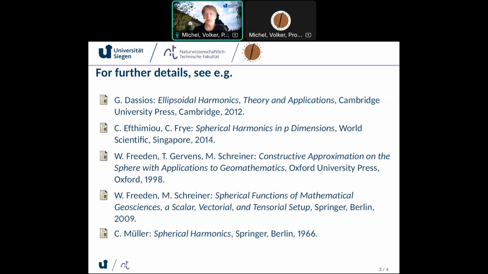And last but not least, the sphere is only a particular case of an ellipsoid. There is also a general theory of ellipsoidal harmonics, sometimes called Lamé functions. And there's a nice book by George Dassios, which gives you the state of the art on ellipsoidal harmonics, a much more complicated theory than spherical harmonics.